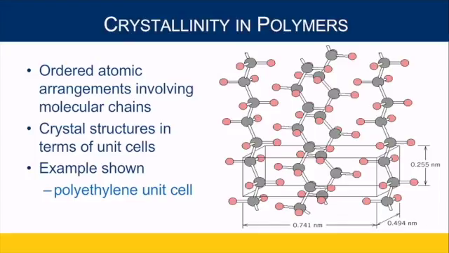I wanted to go over the crystal structures that we typically see with polymer systems. So we talked about the mers, which are at least two carbons and the respective side groups that create a polymer. And this would be an example of how they would line up to create crystals.